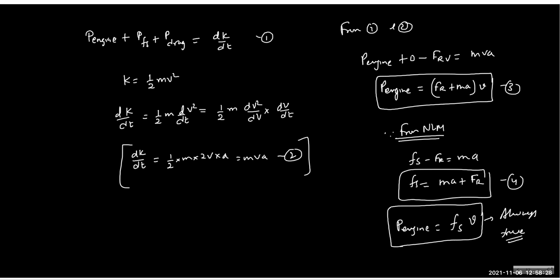If you simply multiply the static friction force with the velocity at that instant, you will get the power relation, and this will define the kind of maximum speed, like what we can achieve.